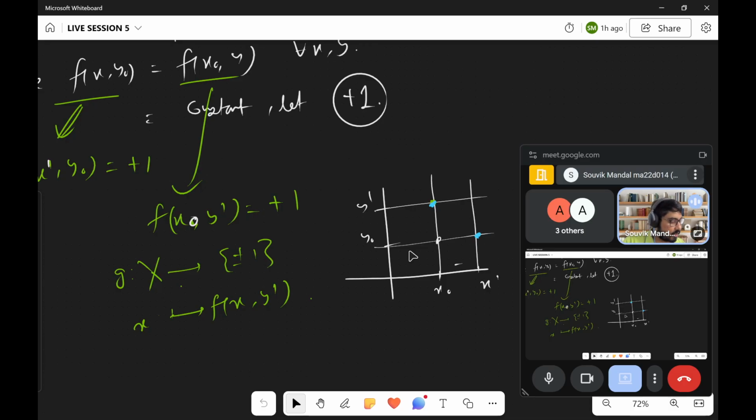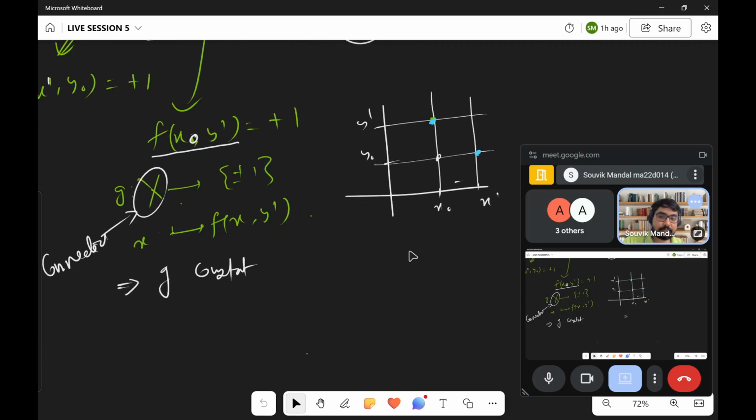Now X is connected, is given, so g is constant. But it is given that f of x naught comma y prime equals plus 1. That means f of x comma y prime is equal to plus 1 for all x, that is, x comma y prime is along this whole line.